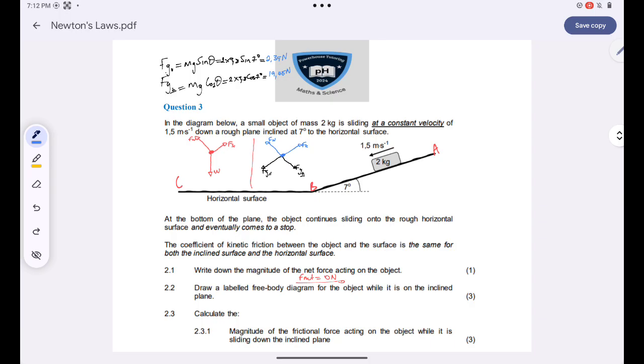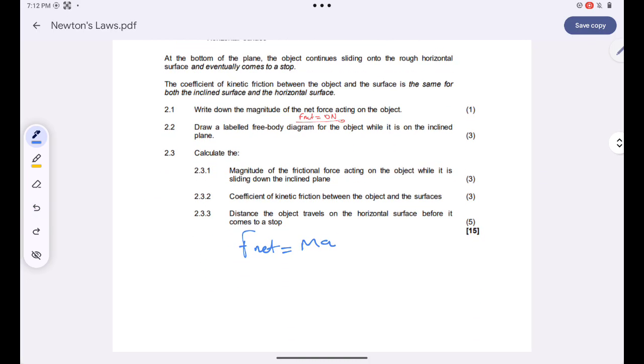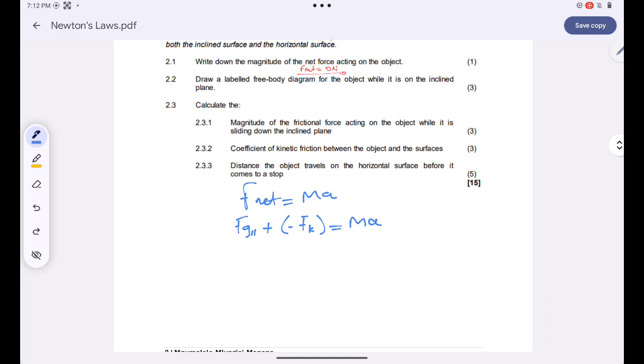So it simply means every movement down the incline or towards the left is positive. Are you together? So in this case, remember that F net is the sum of all the forces in one dimension, right? So I'll simply say FG parallel plus a negative frictional force. This is equal to ma, right?